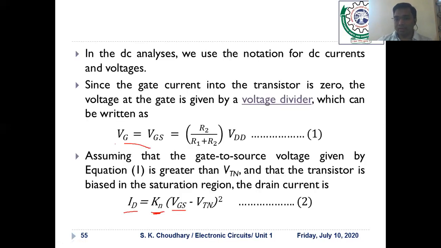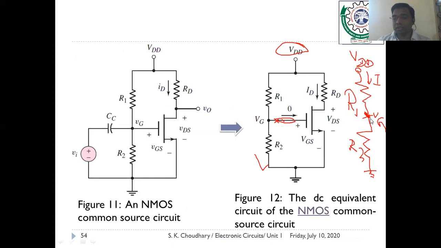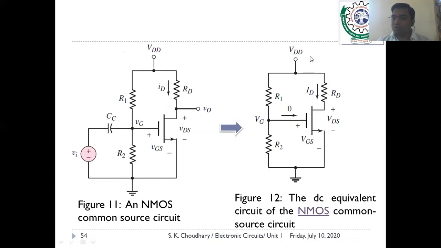It is very easy to find this equation from Kirchhoff's voltage rule. How would the formula of VDS be defined? According to KVL, we apply Kirchhoff's voltage rule, considering only this output loop.